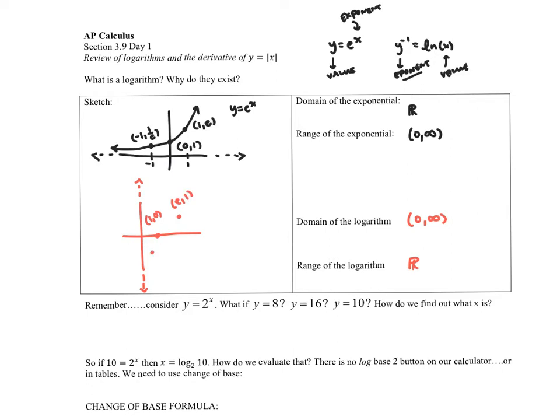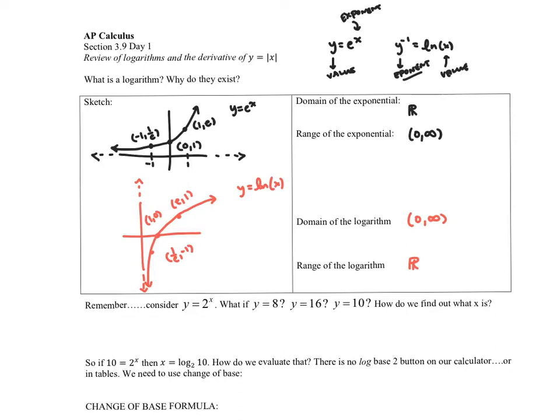I think it's just cool how this works, but 1 over e, negative 1, because these are inverses, and inverses' domains and ranges switch, right? So the domain of one is the range of the other, and the x and y values also switch. So this is the logarithm y equals ln of x, or log base e of x.